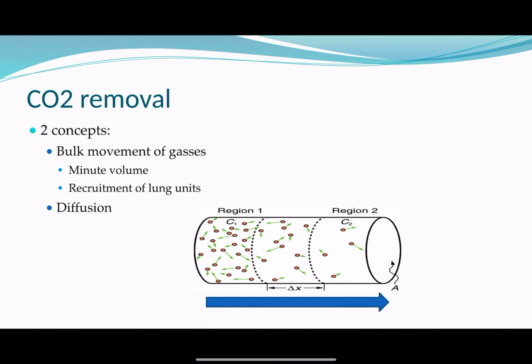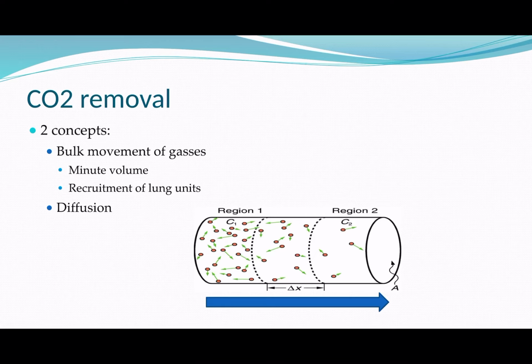In APRV, we talked about the fact that diffusion of CO2 is actually also an important concept. By having a continuous pressure throughout, you're going to hopefully maintain a continuous conduit of gas, or a column of gas, from the endotracheal tube through to the alveolar units.